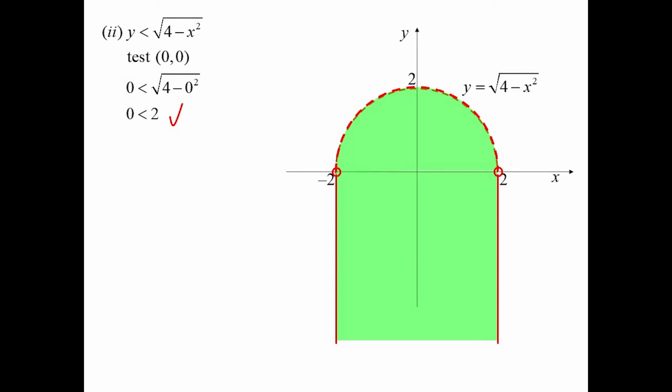The point of intersection, however, because one of them is dotted and one is solid, we should circle the point of intersection, because that won't be true if you substitute in. Let's substitute the point 2, 0 in. We'll get 0 is less than the square root of 4 minus 2 squared. Well, 4 minus 2 squared is 0, and 0 is not less than 0, so it's not included.